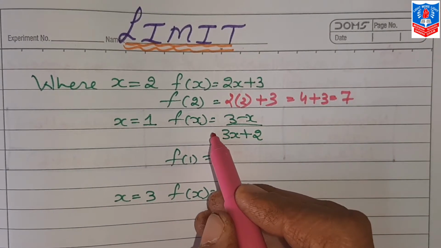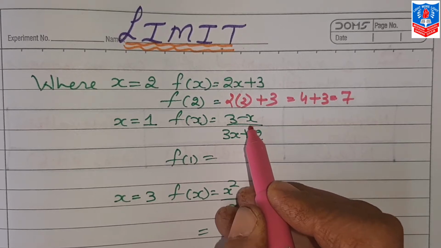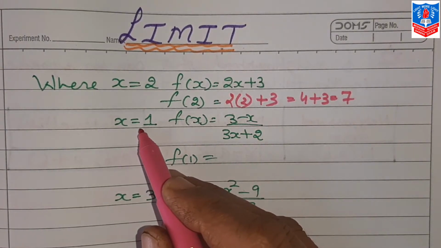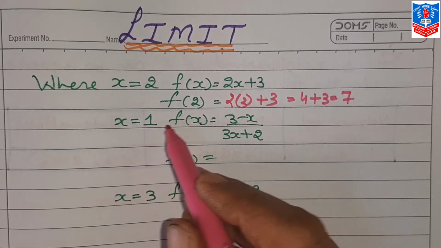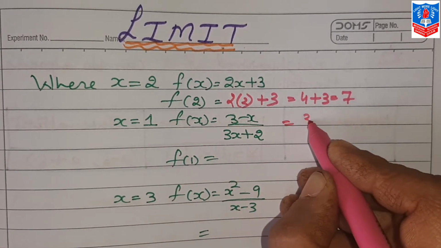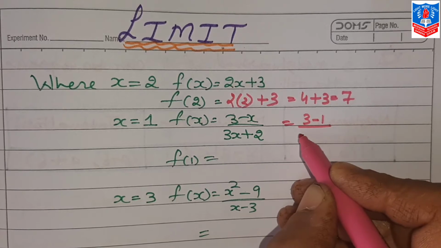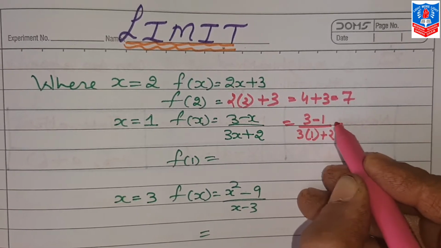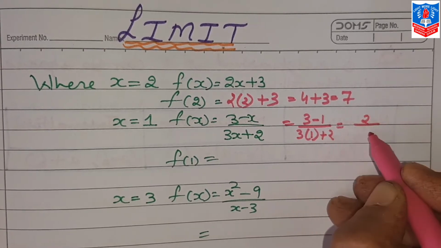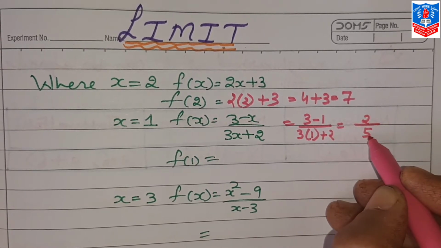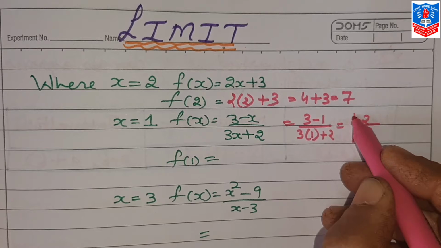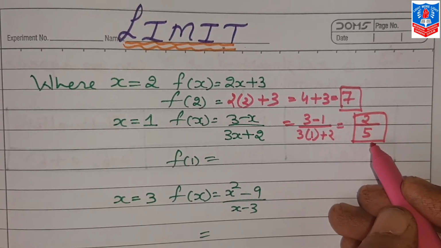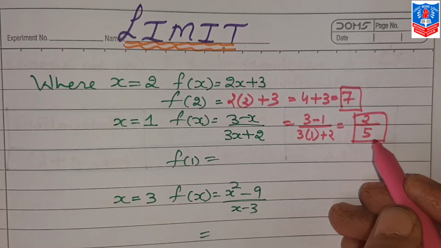Same way, if f(x) is equal to (3 minus x) upon (3x plus 2), where the value of x, if I take 1, in that case 3 minus 1 upon 3 into 1 plus 2, this will be 2 and this will be 5. So in that case, value of function, that will be 2 by 5.